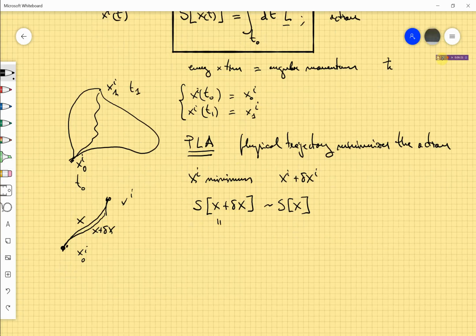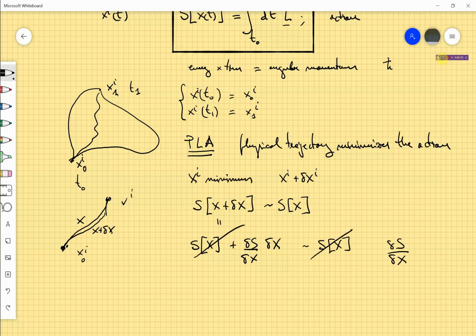So if we expand it in terms of delta x, we find that this is S of x to the order at which we are working, and then what we can say is that delta S over delta x evaluated on the solution is 0.